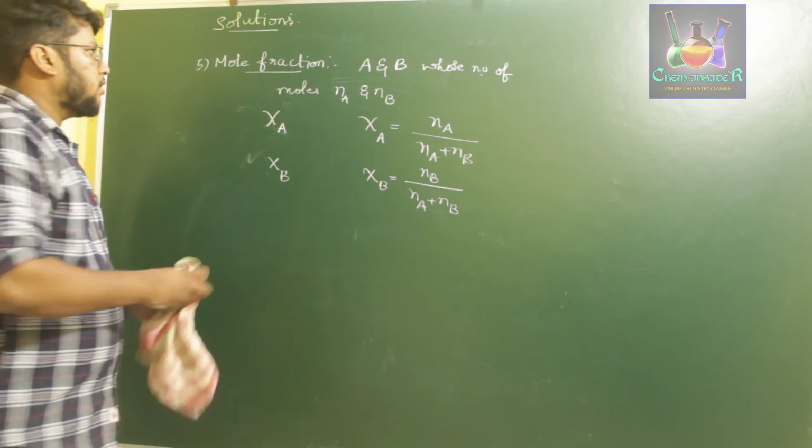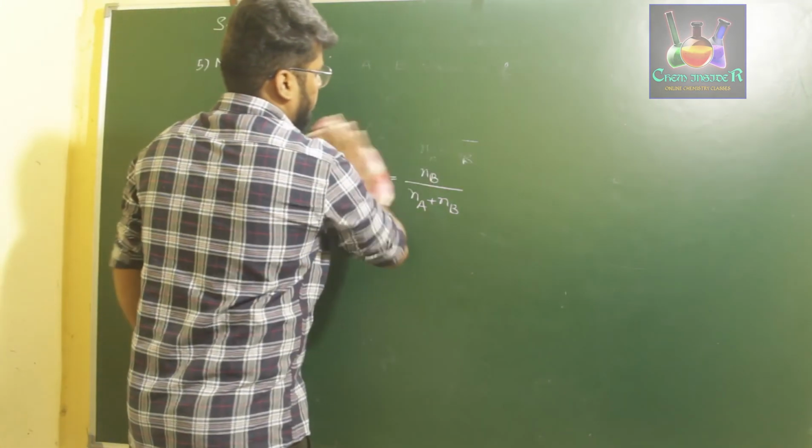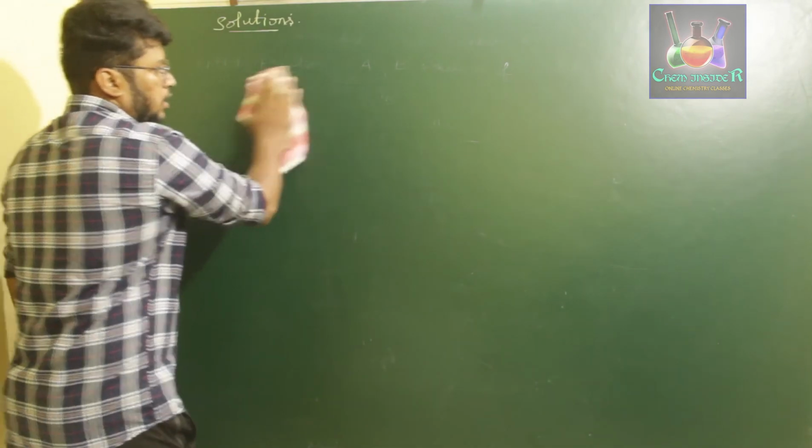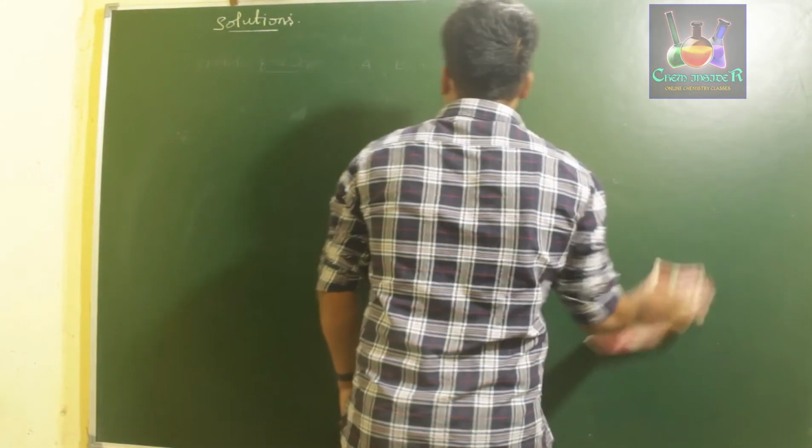Next is molarity. Sixth one is molarity. Molarity is defined as number of moles of solute.